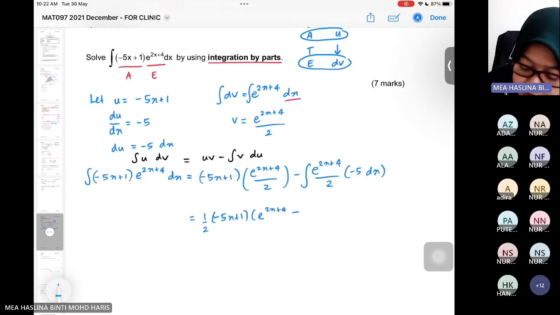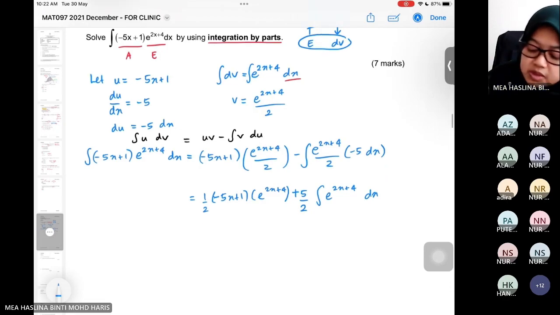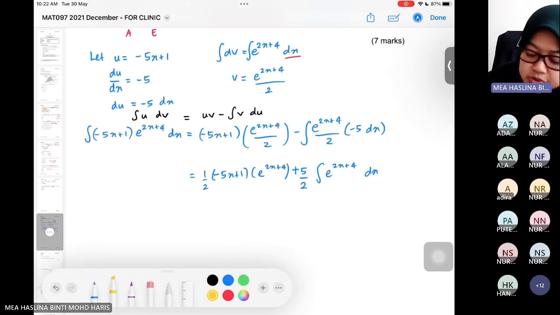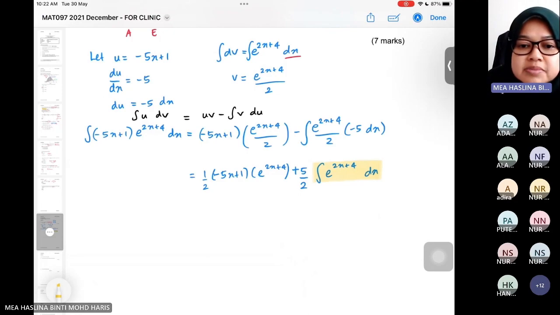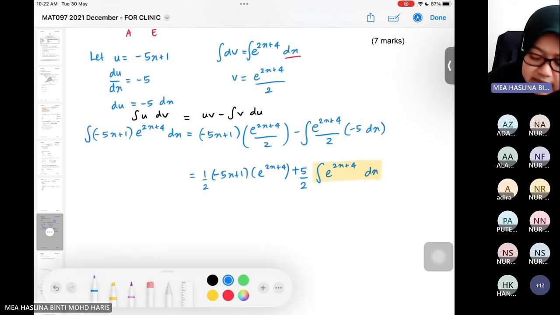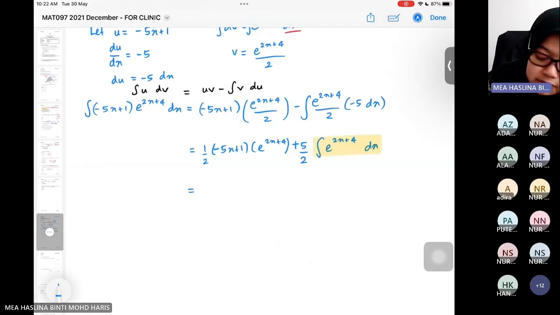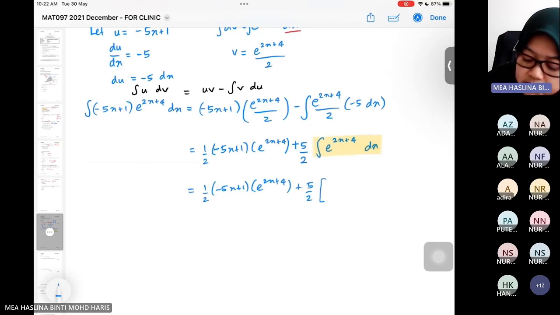And here you put plus 5 outside over 2, then you integrate e to the power of 2x plus 4 dx. You just have to think how you should integrate the last part there. So here you will have 1 over 2 -5x plus 1 e to the power of 2x plus 4 plus 5 over 2, e to the power of 2x plus 4 over 2.